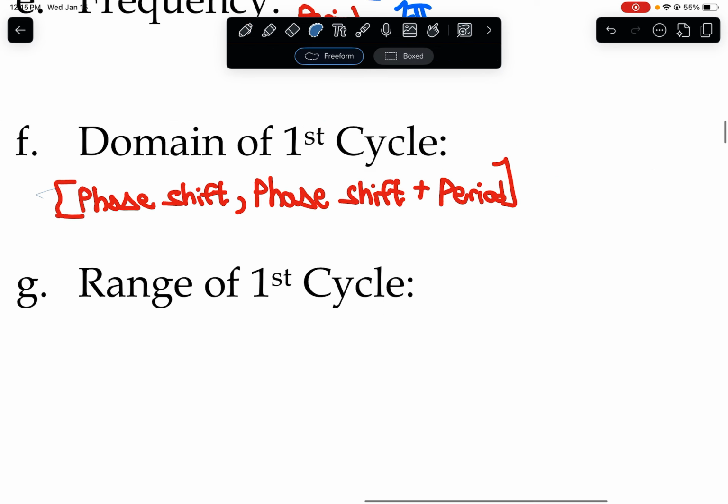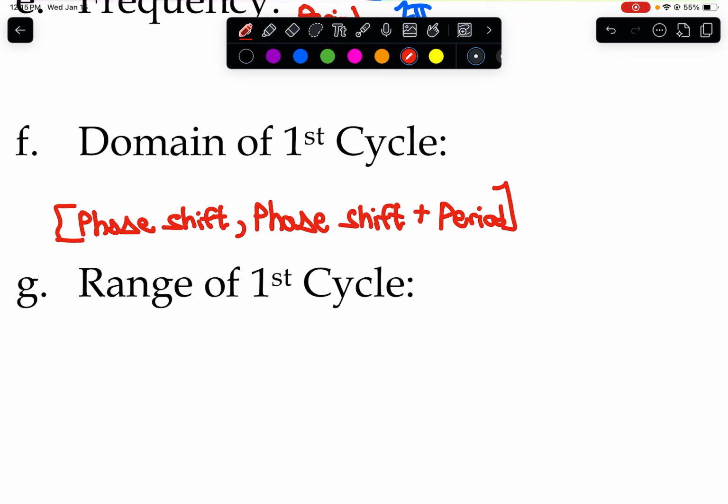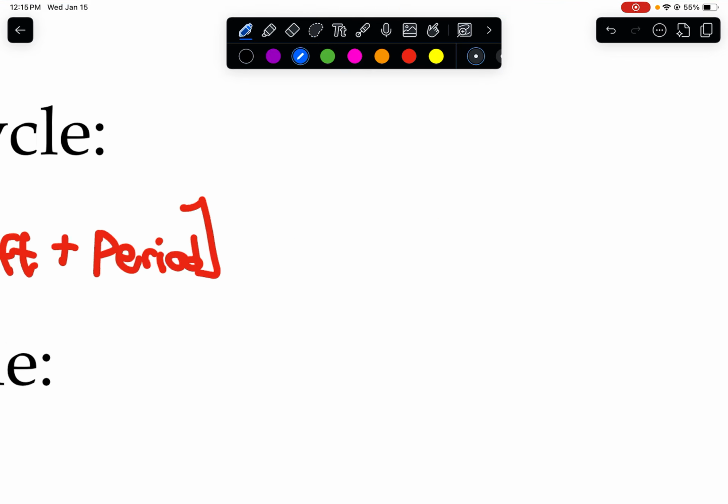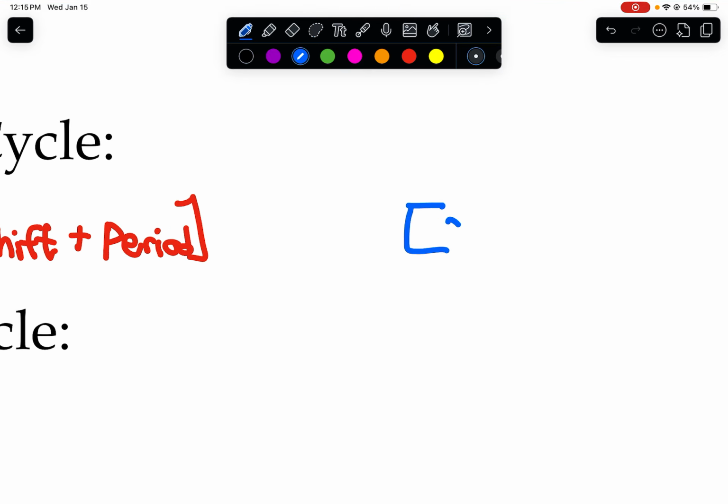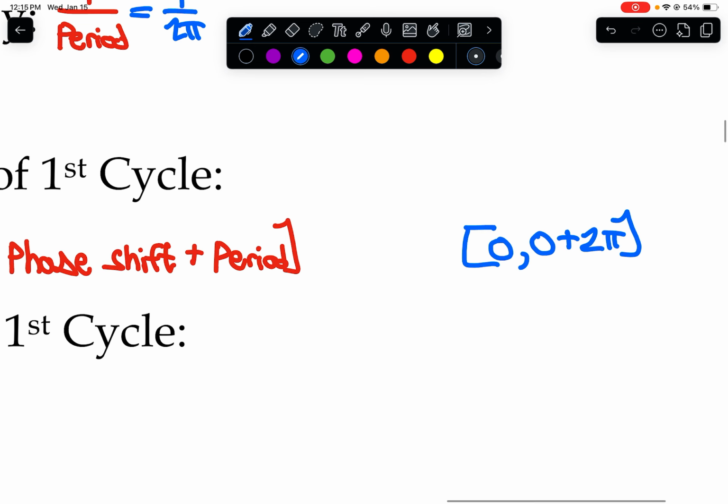I know my phase shift is 0, so I'm going to have 0, comma, 0 plus the period, which is 2 pi. So that tells me that the domain of that first cycle is just going to be 0 to 2 pi.